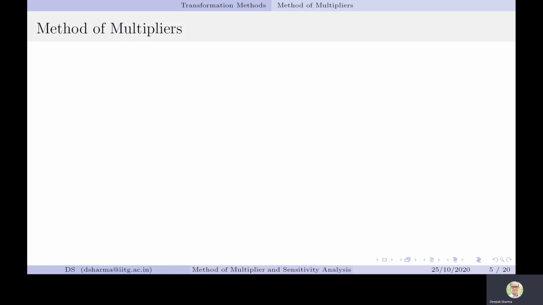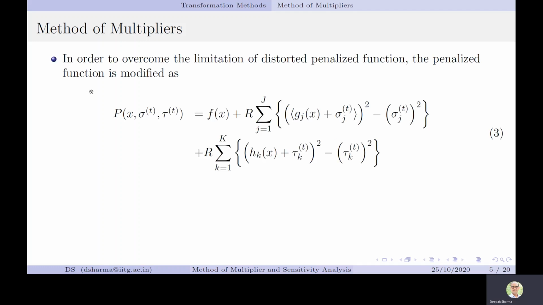Now let us begin with the method of multiplier. The significance of method of multiplier is we want to overcome the limitation of the distorted penalized function. From the previous lecture, what we understood is that when we are adding the penalty into the objective function, there is a distortion in the contours of the penalized function.